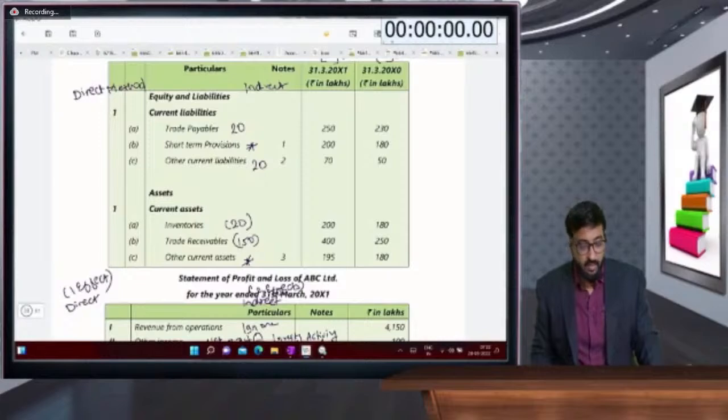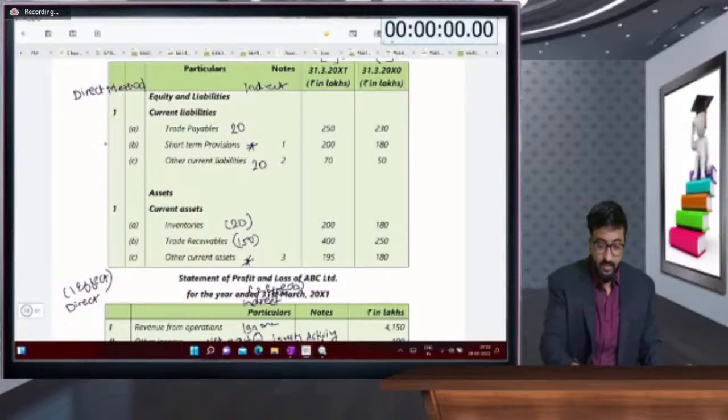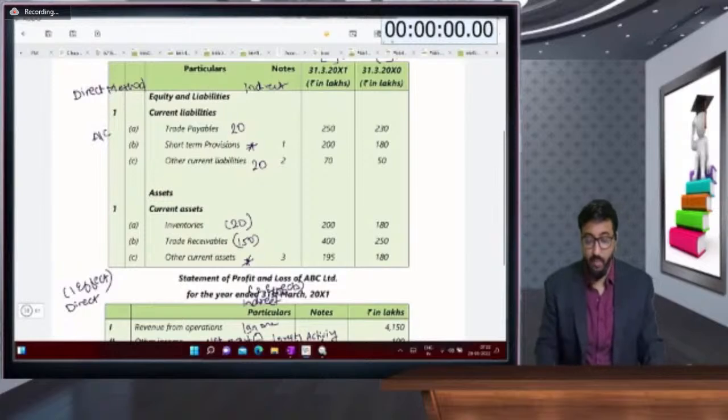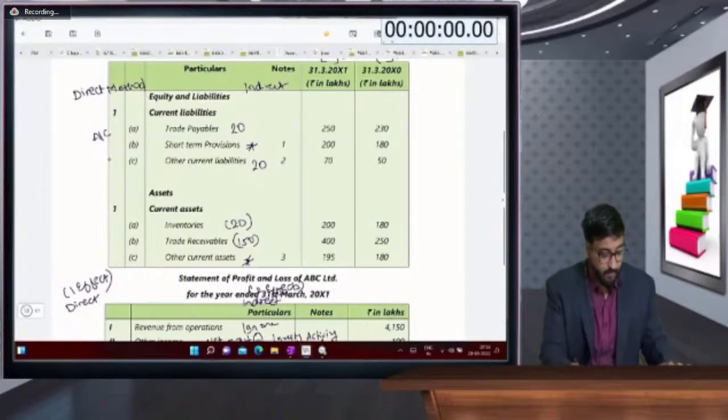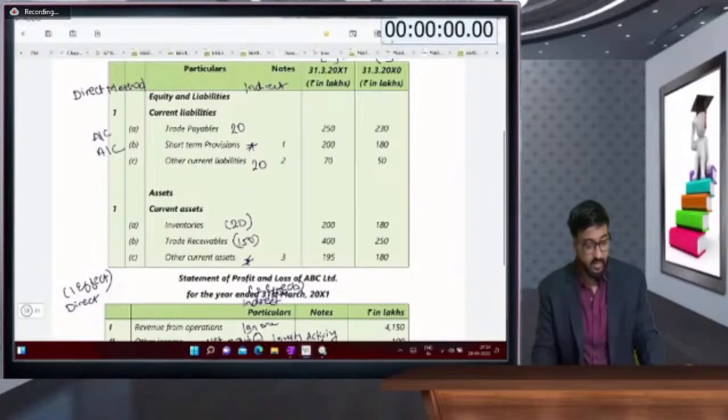Trade payable. Yes, direct method, I have given you time. So you will open the trade payable account. Short-term provisions account: maximum students answered some, 90%.